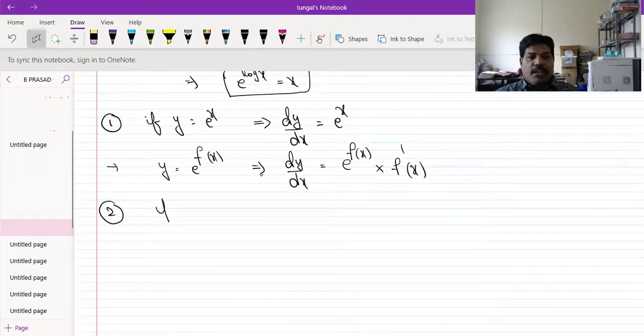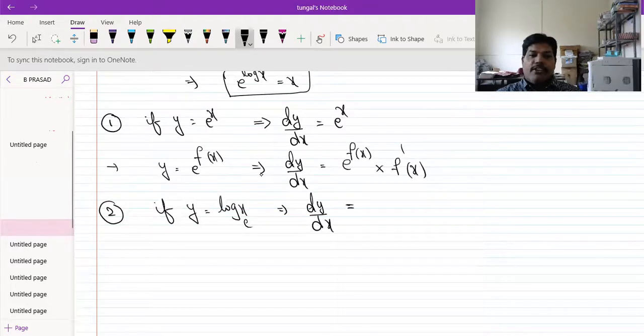Next one is the logarithmic function. If y is equal to log x, y is equal to log x base e, then automatically dy by dx value is nothing but 1 by x.